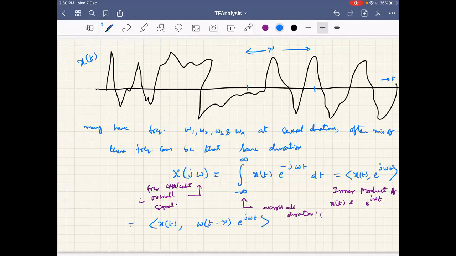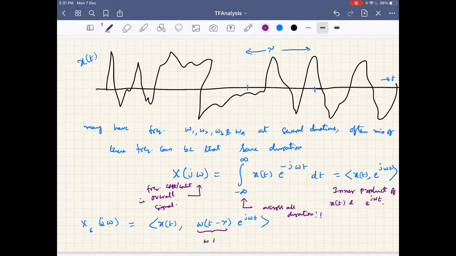This gives us a frequency analysis over a given duration. Who defines the duration? The duration is defined by this window w of t minus tau.